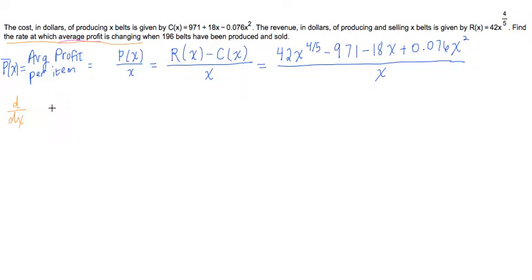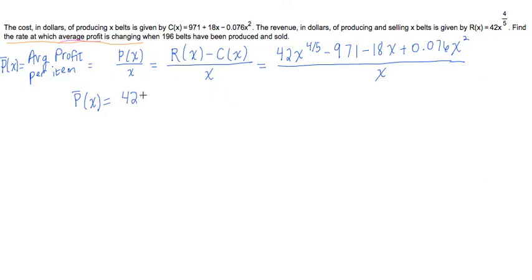Except actually, you know what, I don't want to differentiate that yet because I would like to simplify it first. So let's call this P bar. If we differentiate it right here at this step, then you've got to use the quotient rule, which is fine. It's just a little bit longer. So instead, I'm going to split it into 4 fractions first.